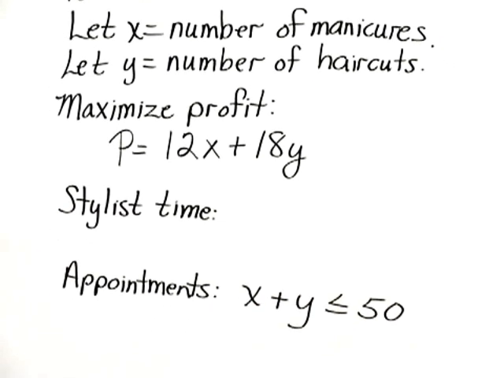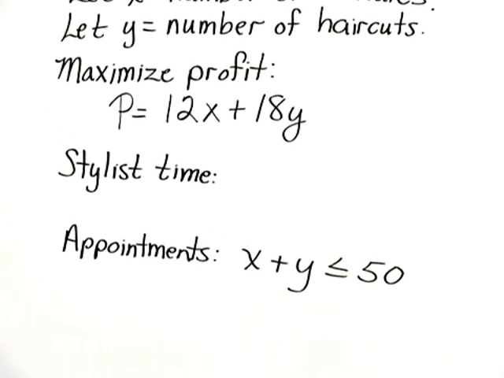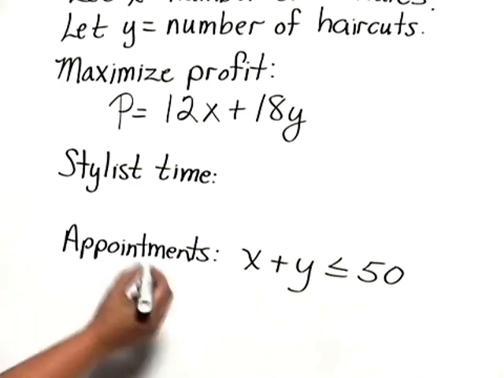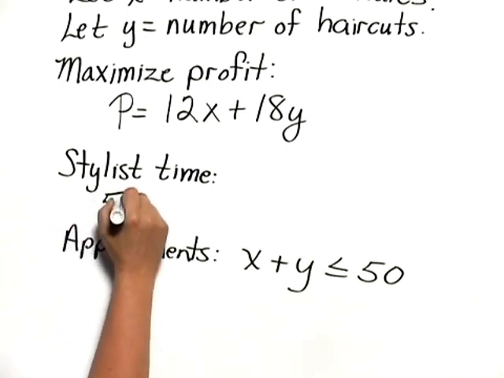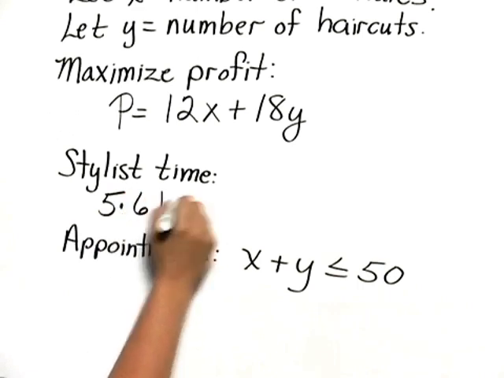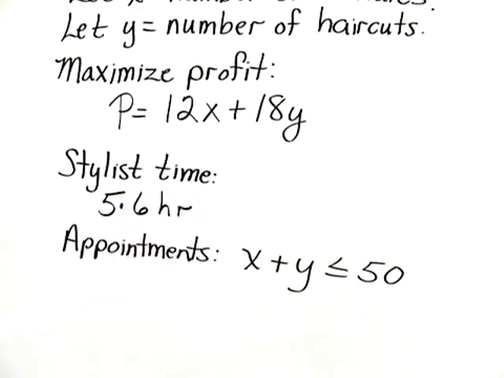For the stylist time, it's going to take a little more thought. There are 5 stylists, each of whom works 6 hours a day. So that would be 5 stylists times 6 hours. But we need to work in minutes because we're told how many minutes each manicure and each haircut takes. So instead of 6 hours, we'll use 60 minutes times 6.